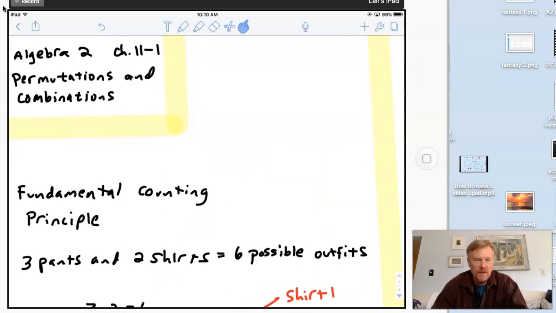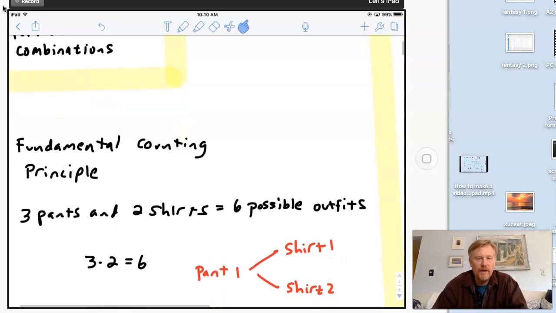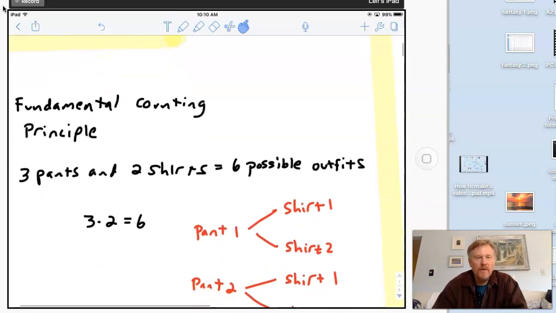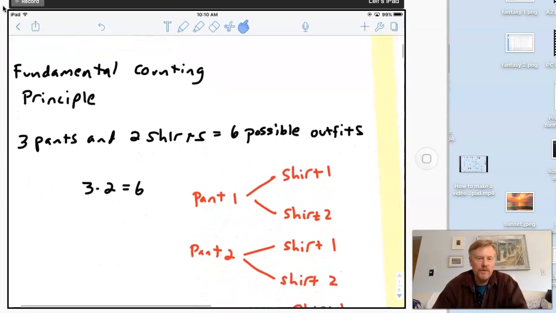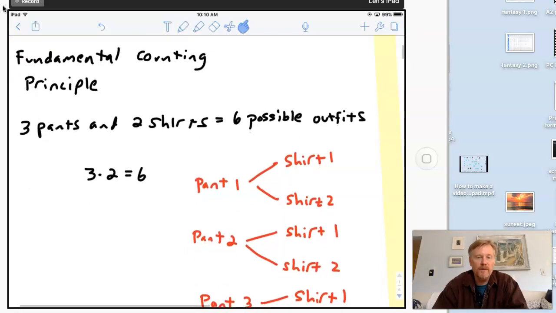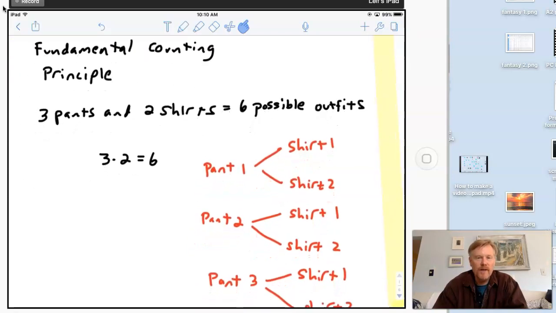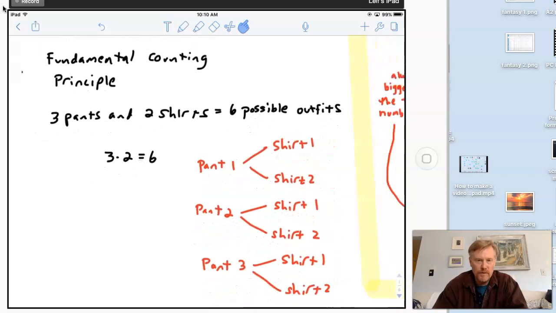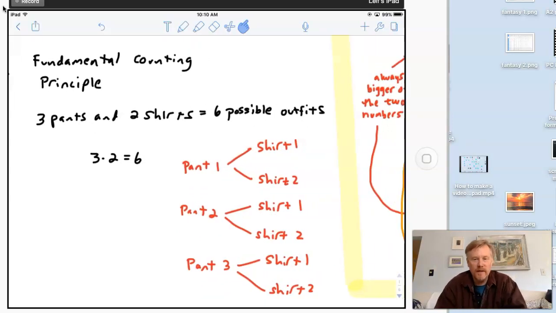So there's also this thing called the fundamental counting principle. And the best example I got here is if I told you that we had 3 shirts and you had 2 pair of pants, and I asked you how many outfits you had, you would think about it for a minute and say, I'd have 6. And you'd get that by multiplying the 3 times the 2.